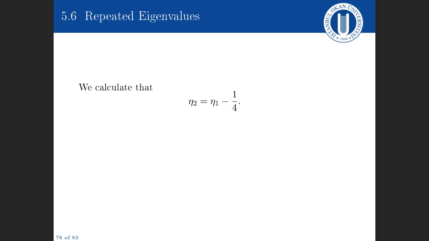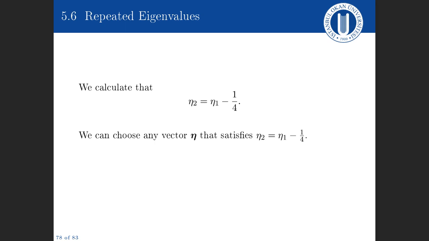Rearrange it slightly. We want eta 2 is eta 1 minus a quarter. And we can choose any vector eta which satisfies this equation. There's infinitely many correct choices here, just any vector that satisfies this.